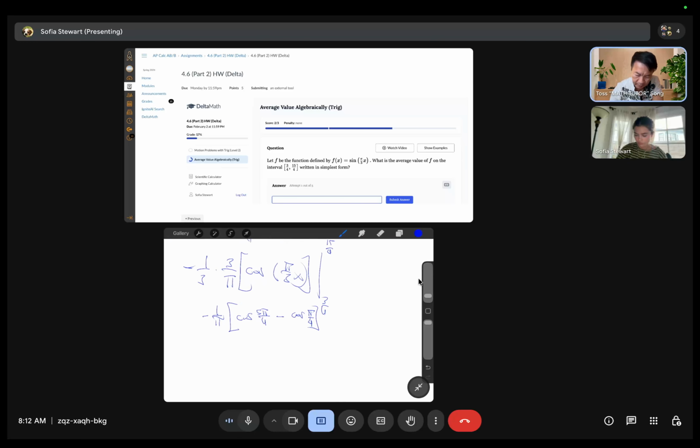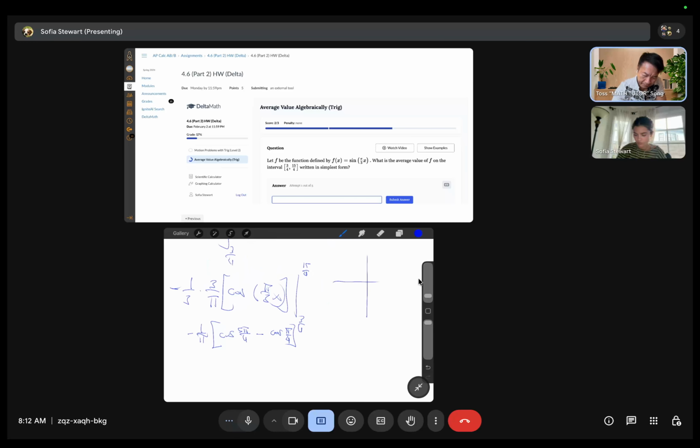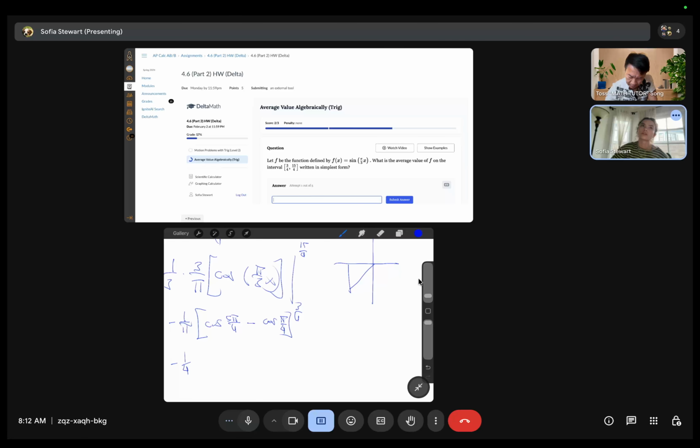Okay, so what is cosine of 5 pi fourths? Is that just rad 2 over 2? Positive rad 2 over 2, yes. No, it's still negative, isn't it? Oh, yeah, because it's on the bottom. Negative. Minus, what about pi fourths here?